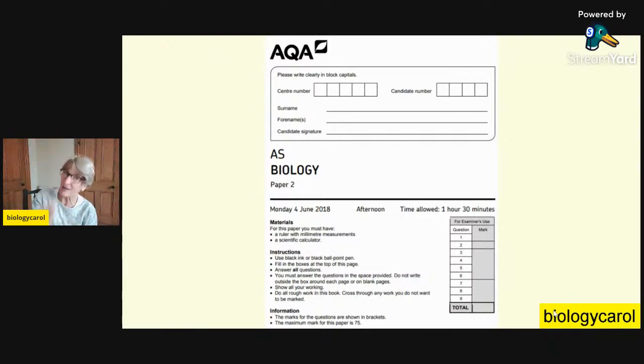If you just didn't know the answer, then you have got to work out how you are going to revise more effectively. Because the bottom line is, if you don't know the content of your biology A level, you cannot get very many marks on the paper.